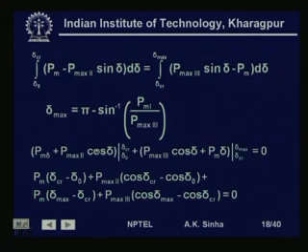So, using this we get delta max is equal to pi minus sin inverse Pm1 by P max 3, or P max 1 by P max 3. So, this is what we get as delta max, because we have pi minus delta max equal to sin inverse P max 1 by P max 3.